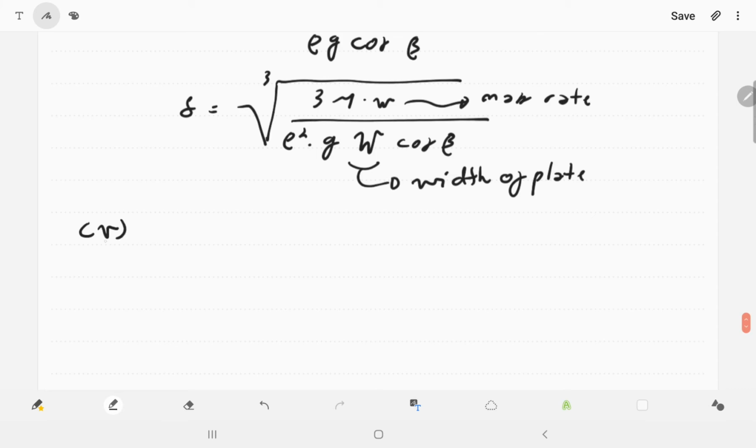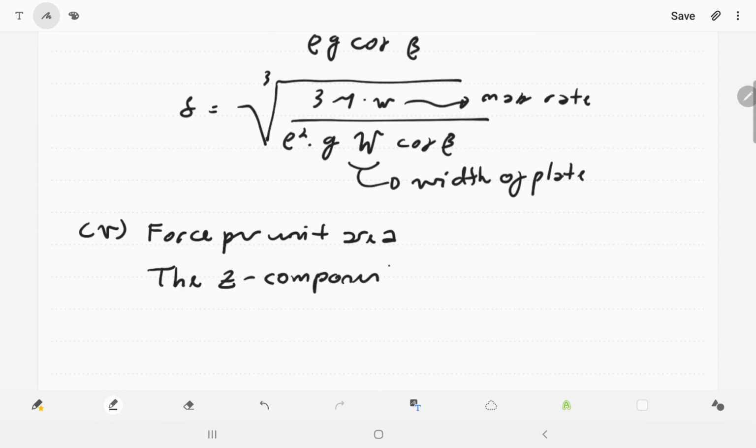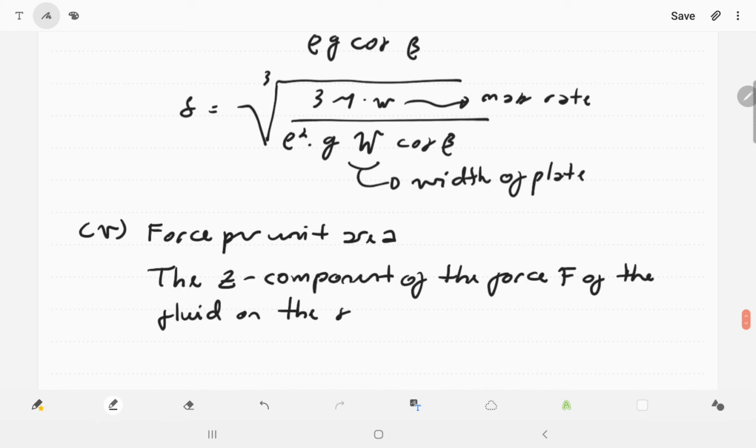And then the other quantity of interest, the last one, will be the force per unit area in the z direction on a surface perpendicular to the x direction. Okay, so in here we are interested to get the z component of the force F of the fluid on the solid surface.